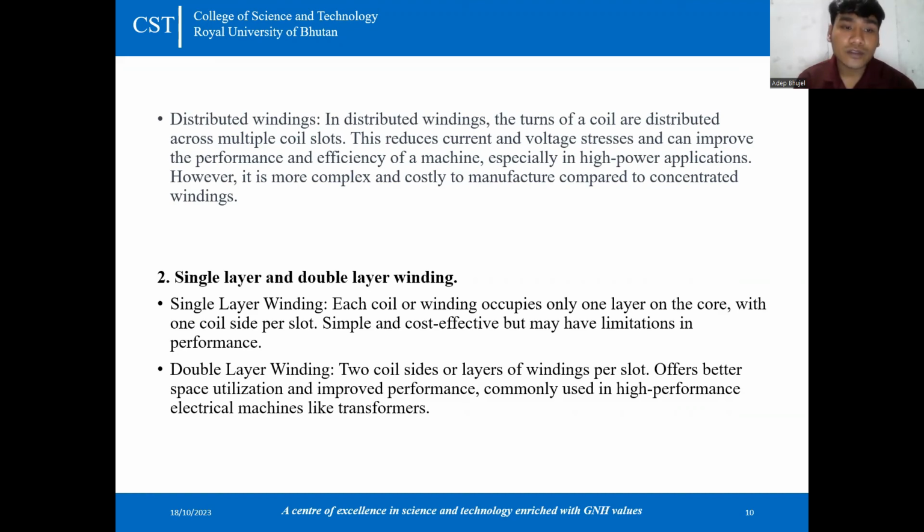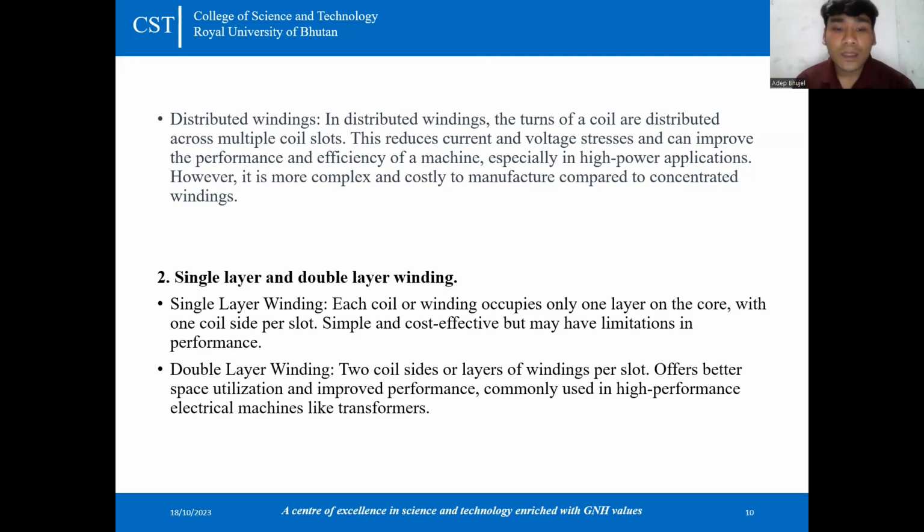And the next we have single layer and double layer winding. In single layer winding, each coil occupies only one layer on the core, with one coil set per slot. It is simple and cost effective, but may have limitations in performance.